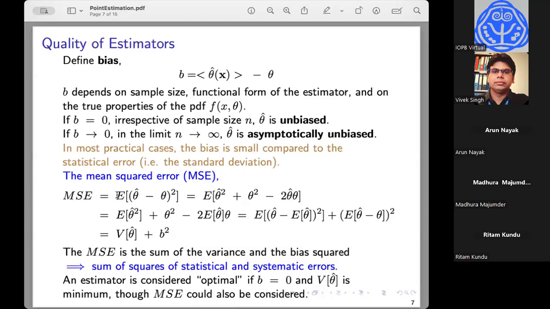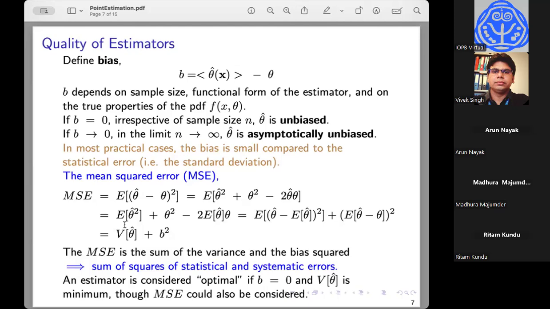This E is the same as expectation. You can write the mean square error as the expectation of (theta hat minus theta) squared, where theta is the exact value. Expanding it, the total mean squared error corresponds to the variance plus the bias squared.